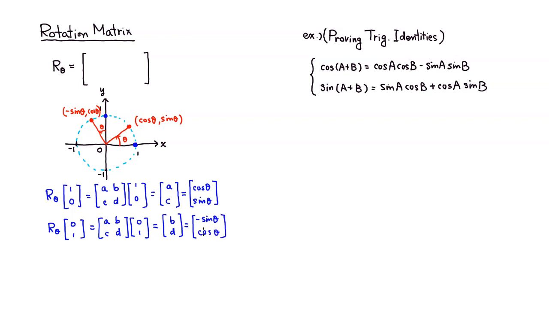You can see that the first one is simply the first column of the rotation matrix, and the second one is the second column. So now we know a rotation matrix should look like cosine of theta, sine of theta, negative sine of theta, cosine of theta.